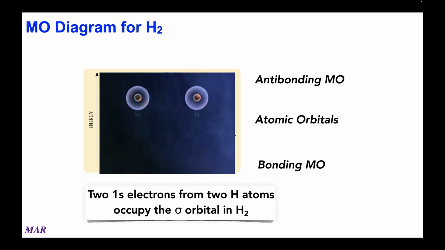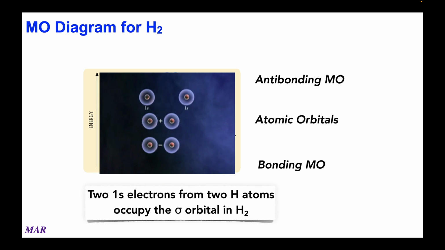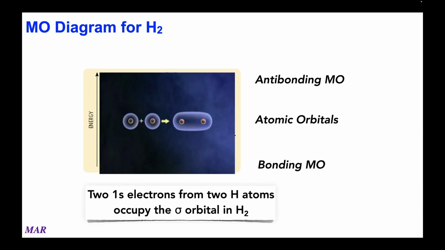Because atomic orbitals are wave functions, they can combine either constructively or destructively. Additive or constructive combination of the two atomic orbitals gives a bonding molecular orbital, while subtractive or destructive combination gives an anti-bonding molecular orbital.